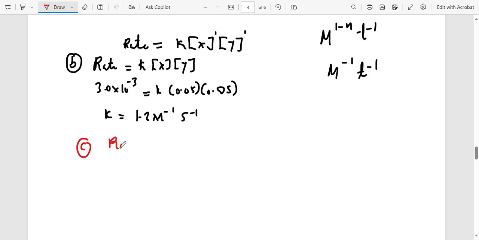So the initial rate would be K, X, and then Y. This is going to be, remember K is 1.2, and we've been told X and Y both have a concentration of 0.02.